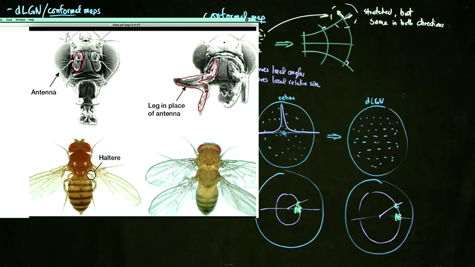What happened there is that the specification of which segment you're on got screwed up. There's a high level set of genes that specify which segment is which, and then there are lower level genes that just make a leg. The lower level genes say, okay, we're in the segment that's supposed to have a leg, so we'll make a leg. And so it generates a leg coming out of the antenna.